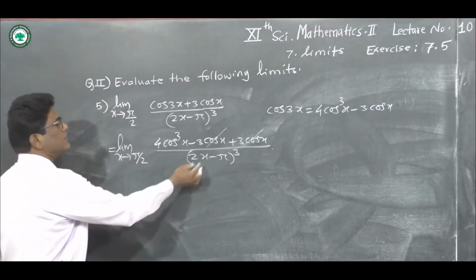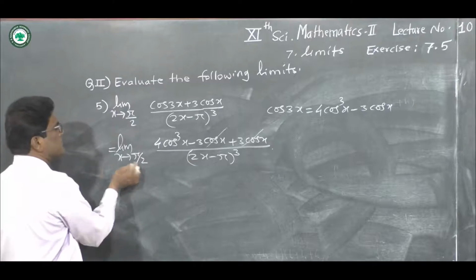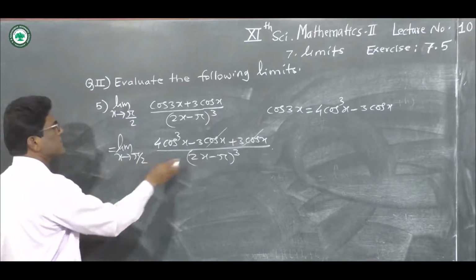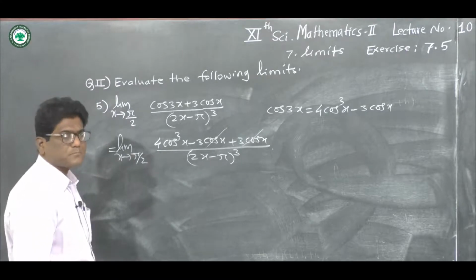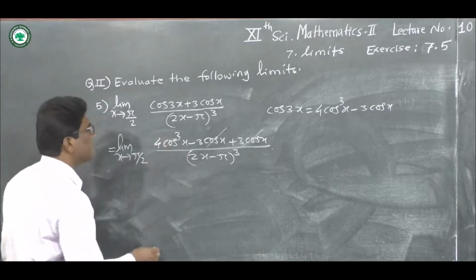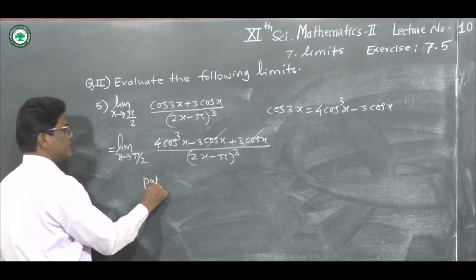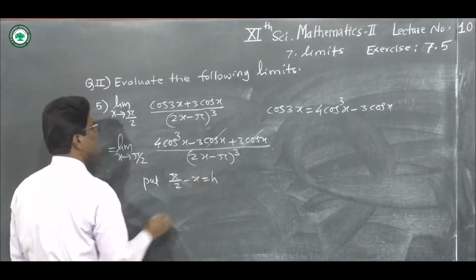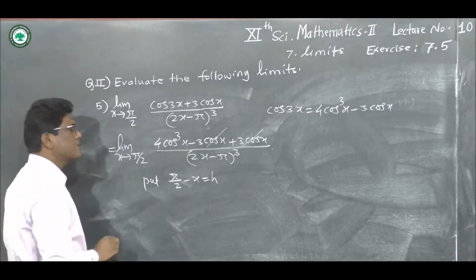Now in the denominator there is a subtraction with x tending to pi by 2, and we carry 2 here, so 2x minus pi. So we use the substitution method. Put pi by 2 minus x equal to h.